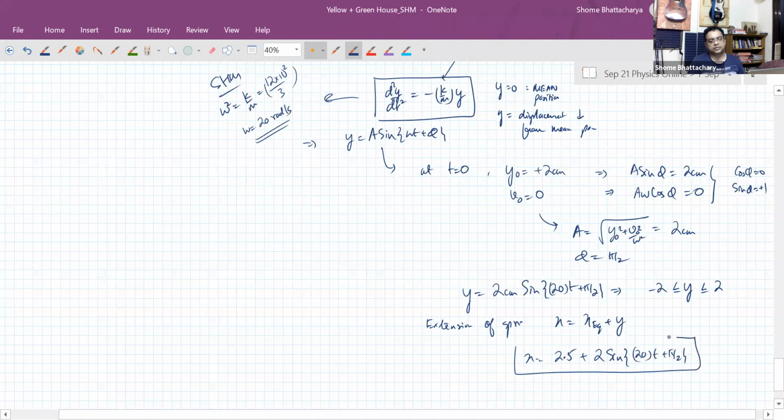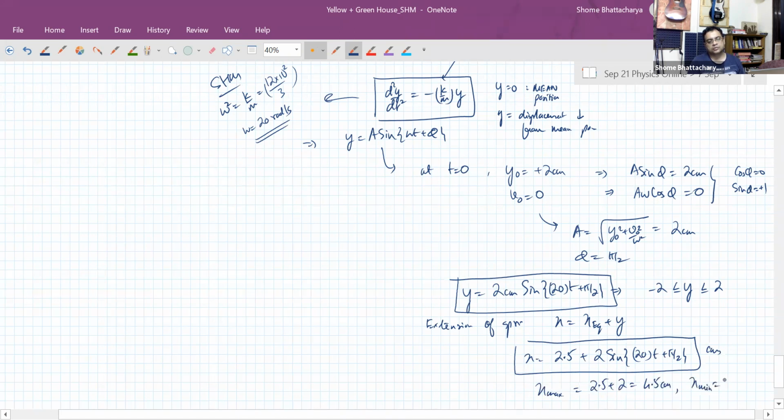So this is the extension of the spring. This is the SHM parameter in centimeters. So x has a maximum value and x has a minimum value.